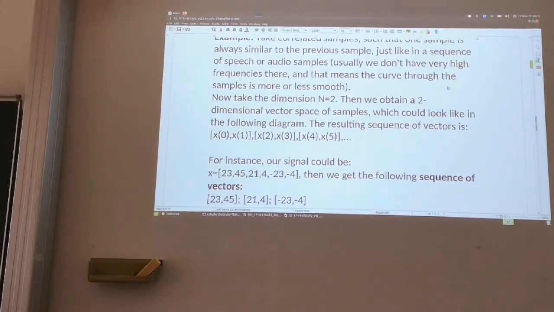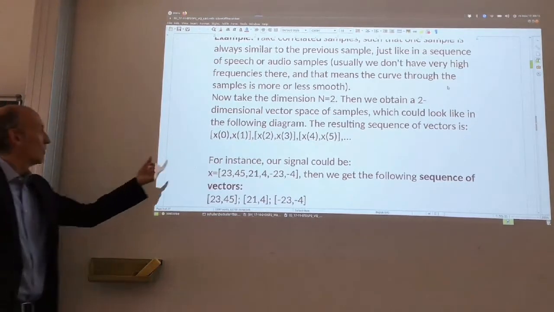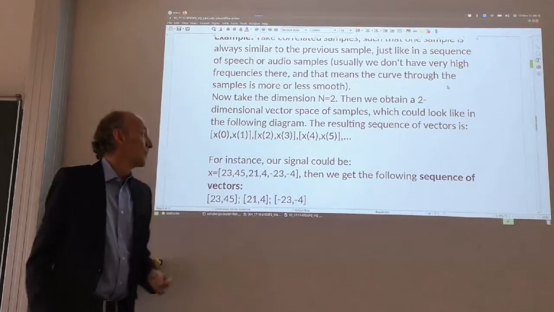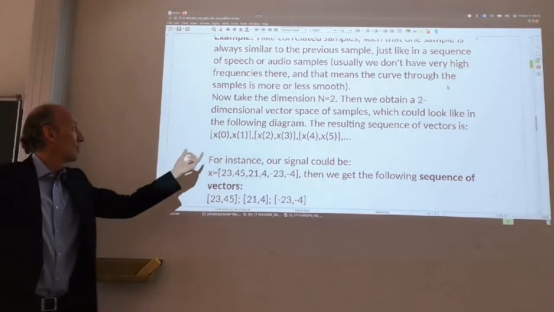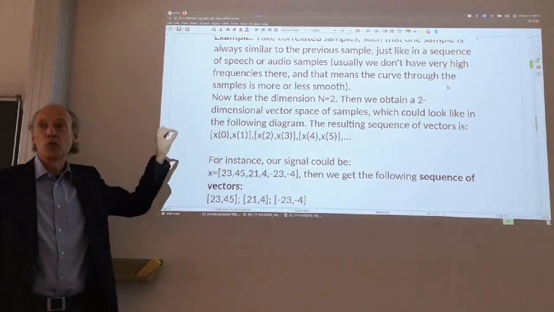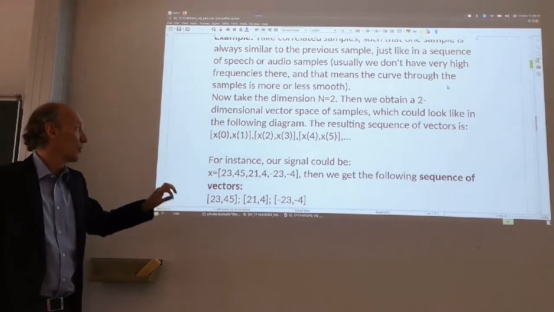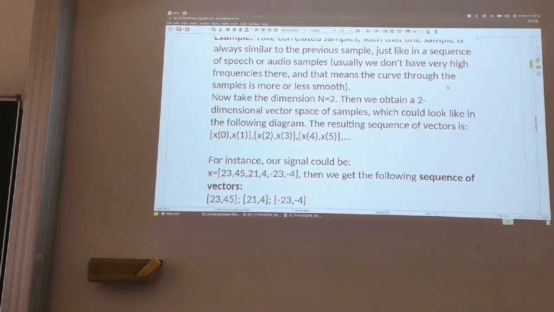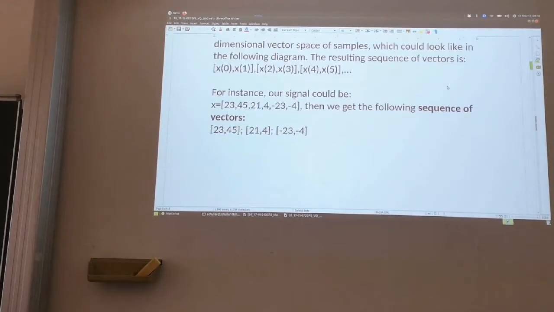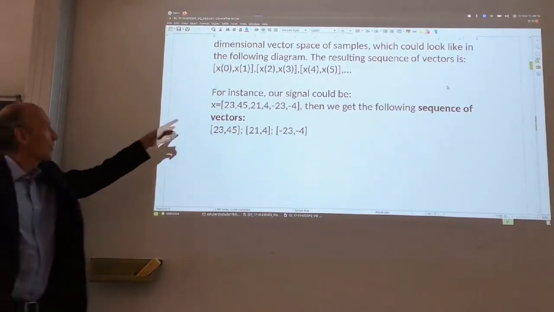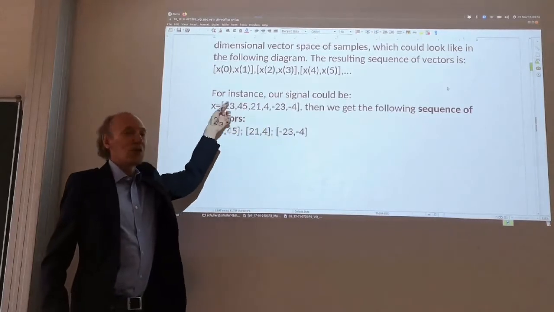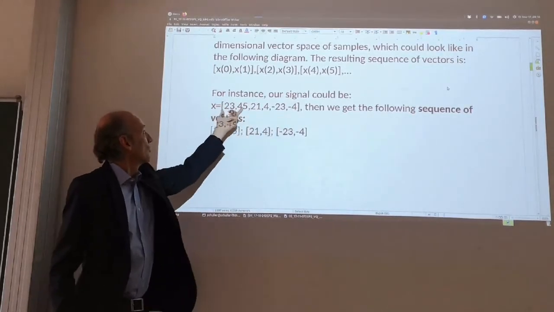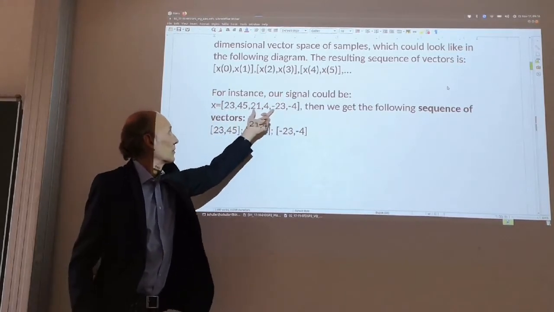So I'm taking this 2-dimensional example. We just take sequences of pairs, first pair, second pair, and so on. That means each of those 2-dimensional vectors is a point on the surface, and then we can plot it. So for instance, you might have this sequence of samples, some more or less random values I took here, and then we group each 2 into a vector.